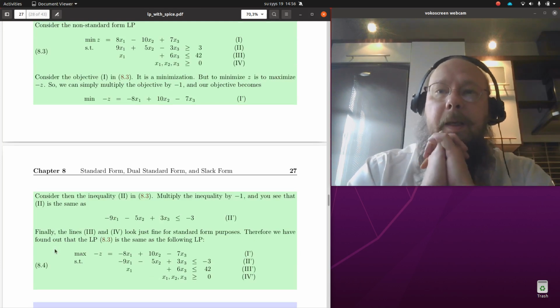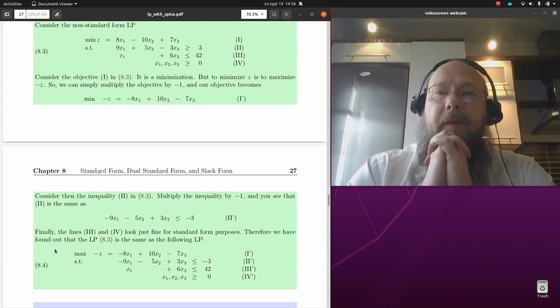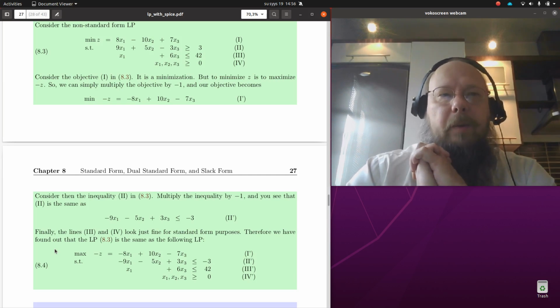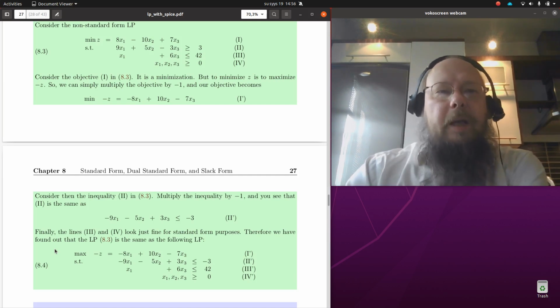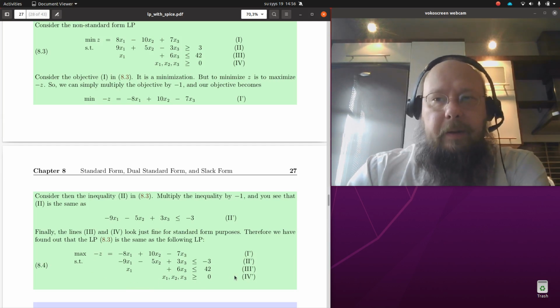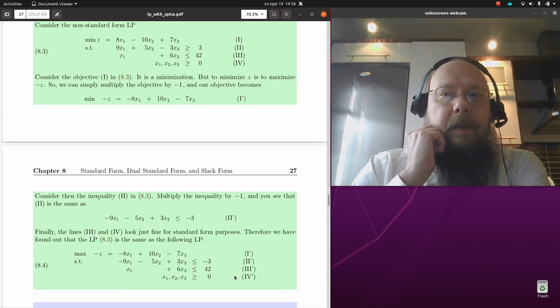At the end of this small lecture, let me emphasize a little bit what happened here. We wrote this problem LP 8.3 in a different form, 8.4. But what do I mean by this different form? It looks different, yes, it's written in a different way, but it is exactly the same problem.